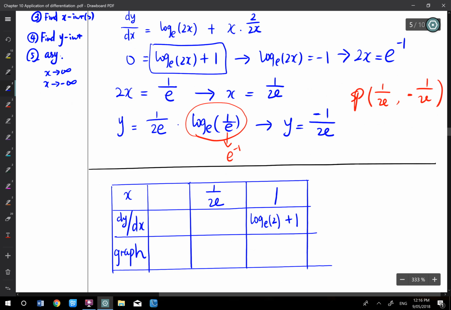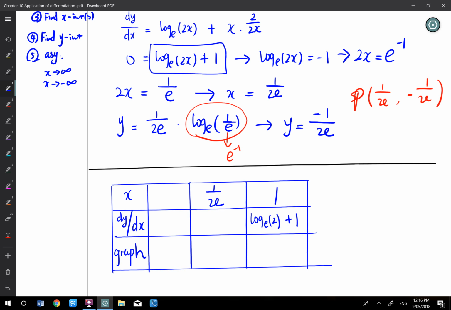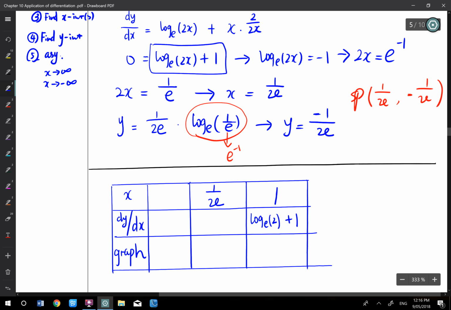Or you can even select a half, that will give you 1, because half times 2 is 1. Log e 1 is 0, and dy/dx will be 1. So it doesn't matter what you select for this part; it's really easy to calculate. So I have log e 2 plus 1. That's definitely positive. I know this part will be 0. I know it's a horizontal line here.